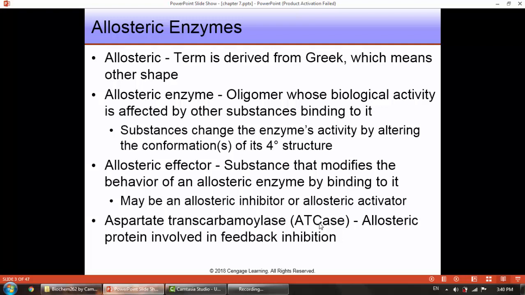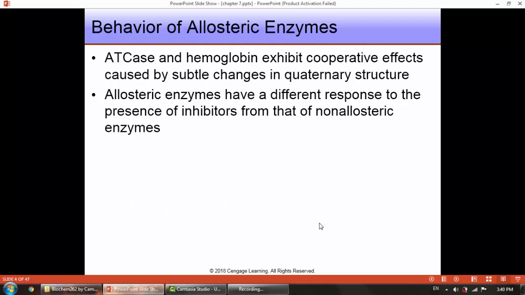The enzyme we want to talk about is called aspartate transcarbamylase, ATCase, and hemoglobin. They exhibit cooperative effects caused by sudden changes in quaternary structure. Allosteric enzymes have a different response to the presence of inhibitors from that of non-allosteric enzymes.